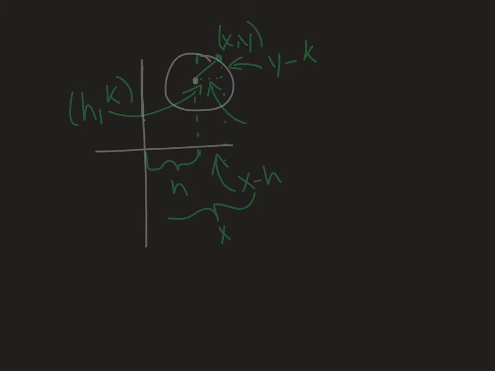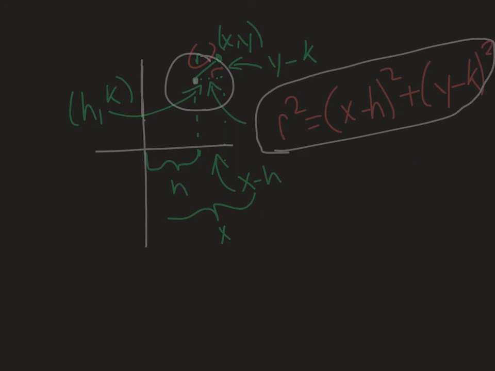So how does this affect the formula? Well, very similar. We again use the Pythagorean theorem because this can again be a right triangle. So we have r squared equals the quantity, in parentheses here, (x minus h) squared plus (y minus k) squared. Now, ultimately, if you remember just this formula, that'll be fine.